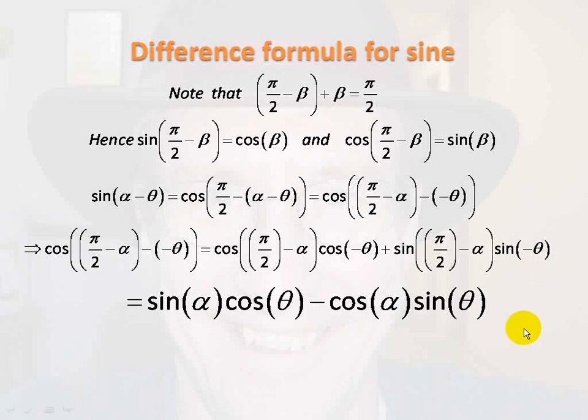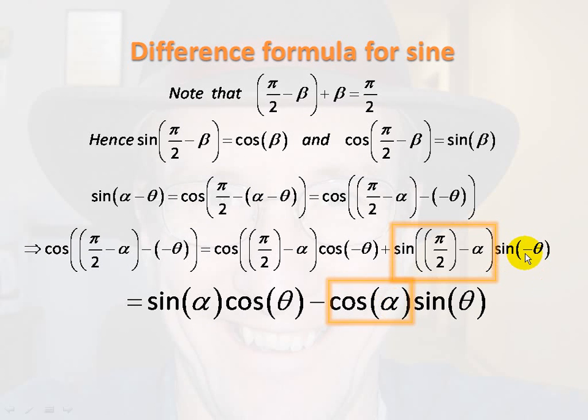Notice that I've rewritten cosine of pi over 2 minus alpha as sine alpha, cosine of negative theta as cosine theta, and sine of pi over 2 minus alpha as cosine alpha.